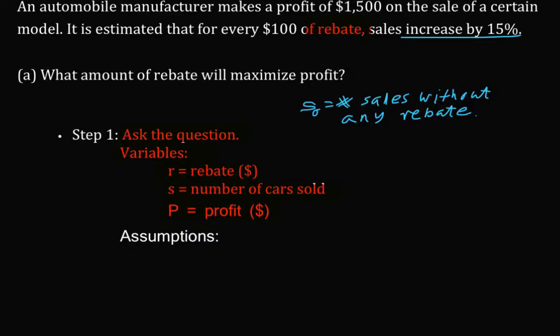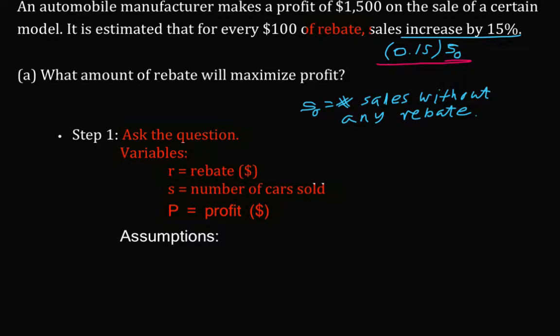So how do we find it? 15% means 0.15 multiplied by S naught. So this is the number of cars they sell because of rebate.